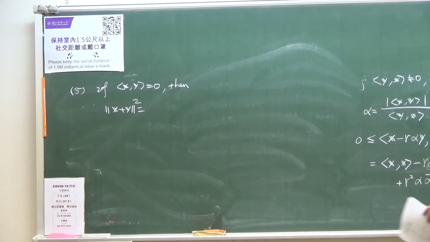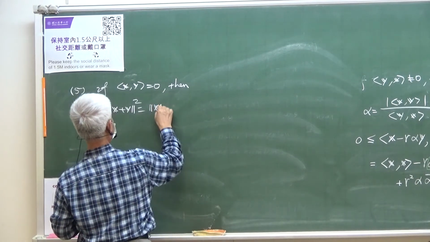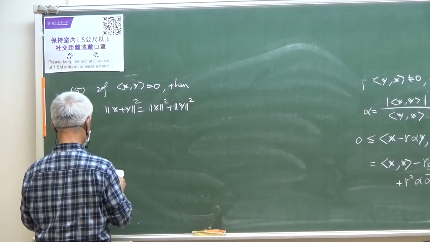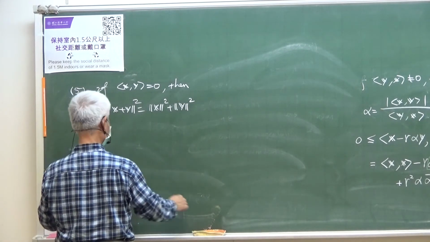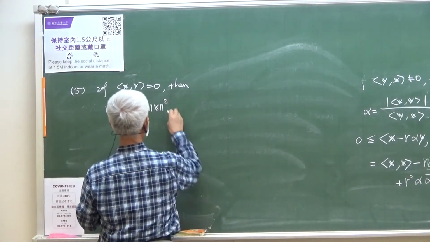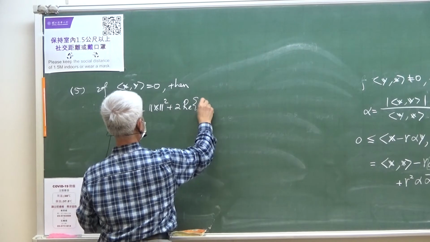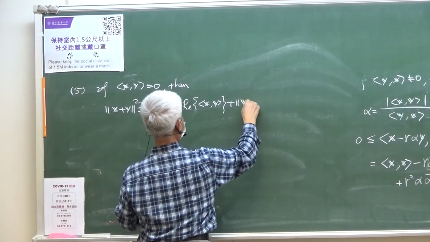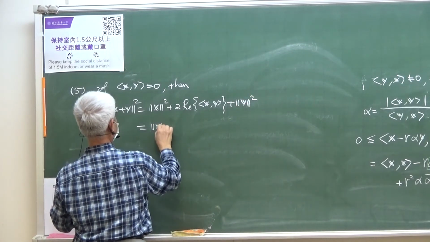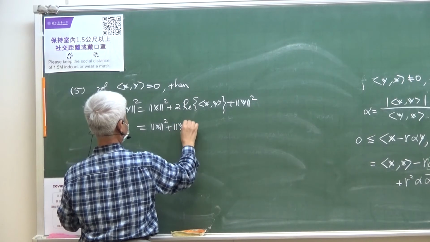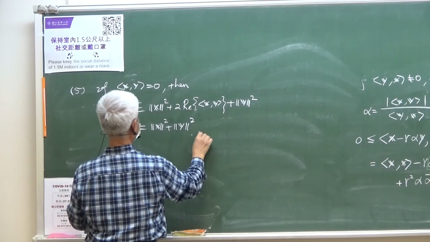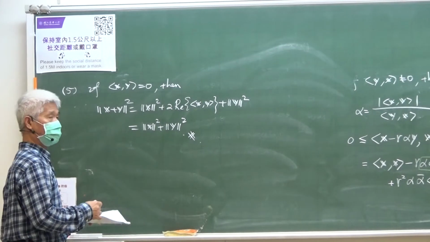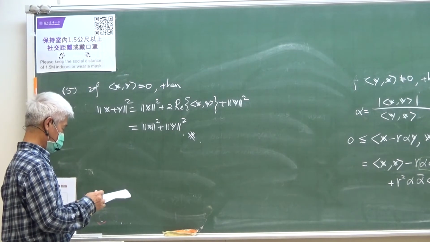So we have immediately, or you can say, so this is... okay, so we're done. We proved the five properties of the norm.